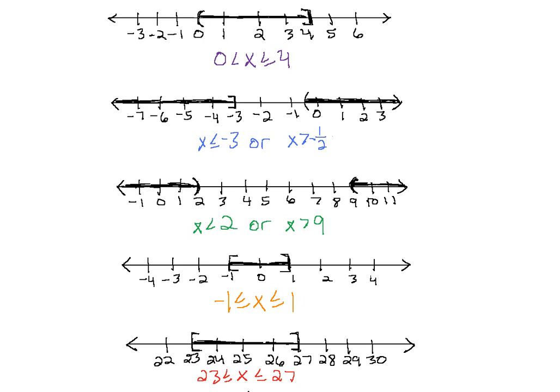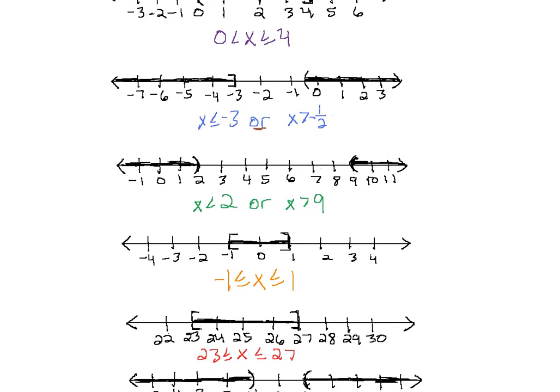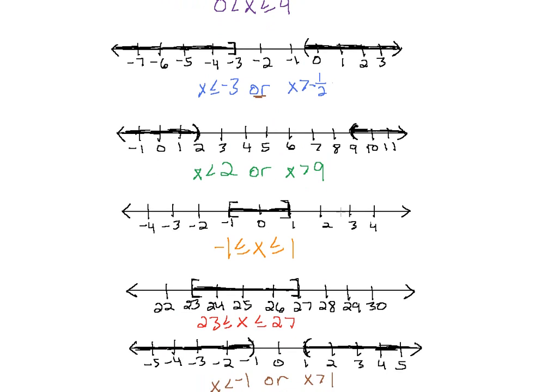All we need to look for is if we have parentheses or brackets, so that means if we exclude or include the endpoints. And if we have two separate regions shaded, we have an OR compound inequality, and we have two different sections that we'll define individually. We just want to make sure that we're careful with our signs and watching for the parentheses and brackets. So let's get really familiar with these because we'll be using these quite extensively in this section. So I'll see you soon.